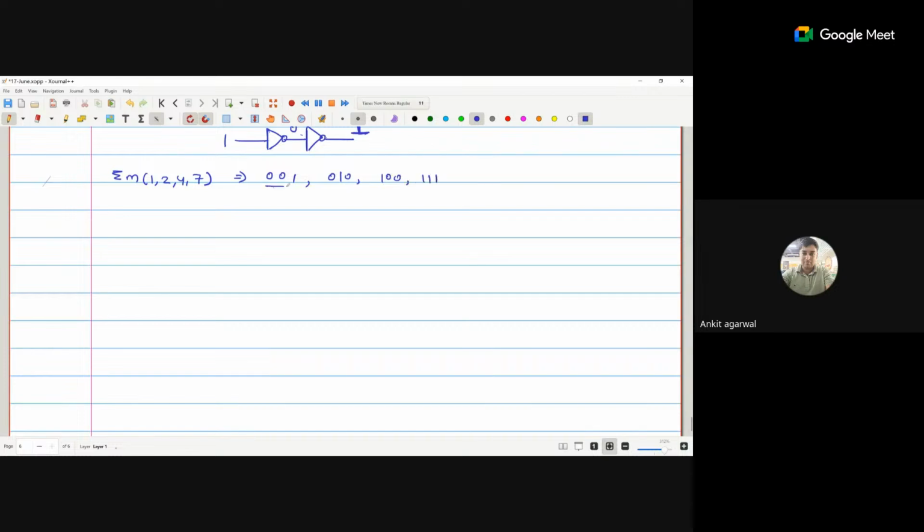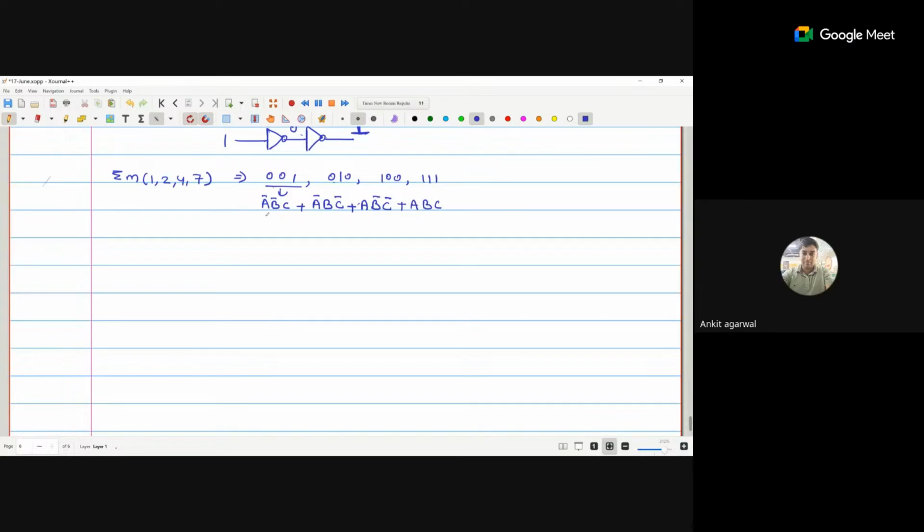So I can write the terms as A bar B bar C plus A bar B C bar plus A B bar C bar plus A B C.